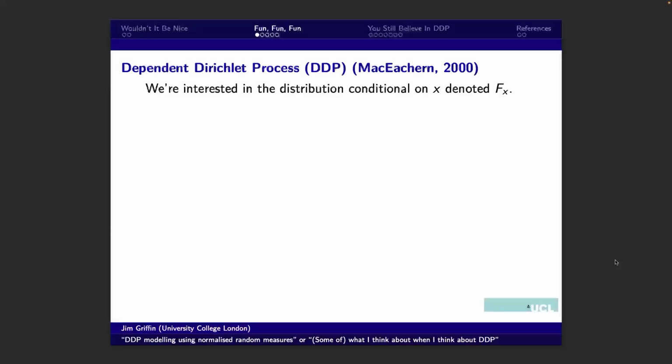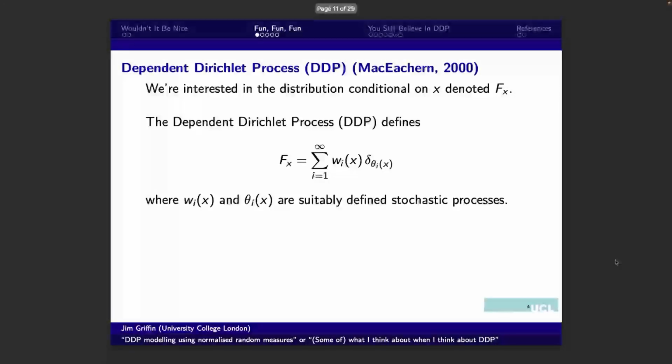And as I said, I reread it, and I have to say that it was not as I remember it, but that says a lot about me, I think, rather than the paper. And so, of course, the idea is that now we're going to have a continuous regressor. We're going to move out of having a discrete thing, and we're going to allow the weights and the thetas, these locations, to depend on X.